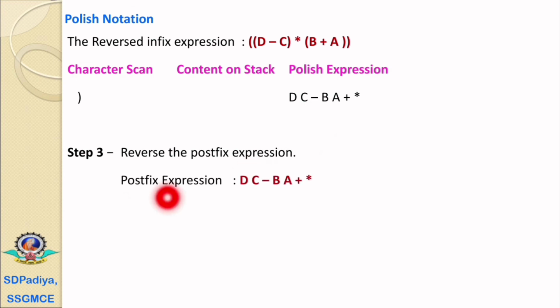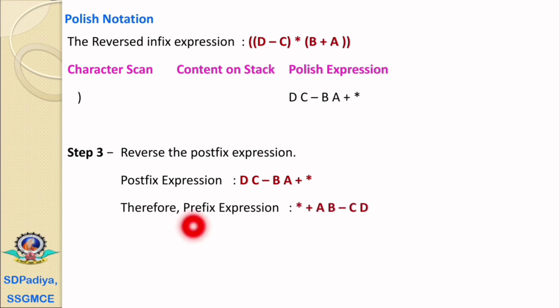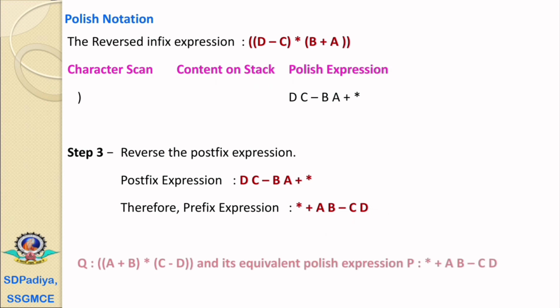Now, the postfix expression is DC minus BA plus multiplication. Therefore, if we reverse it, then finally the prefix expression equivalent of the given infix expression is multiplication plus A B minus C D. Therefore, the equivalent Polish expression, that is the prefix expression P, is multiplication plus AB minus CD.